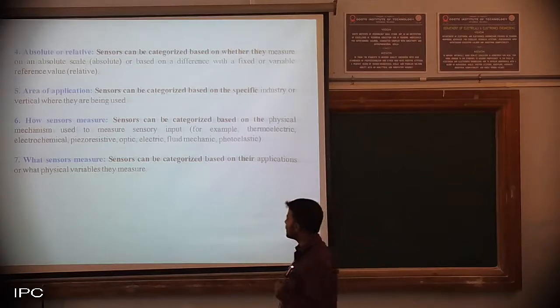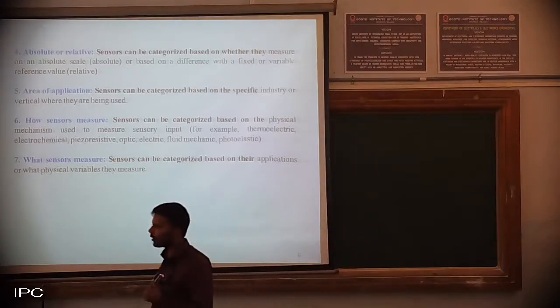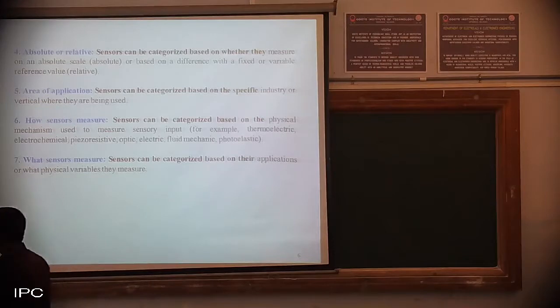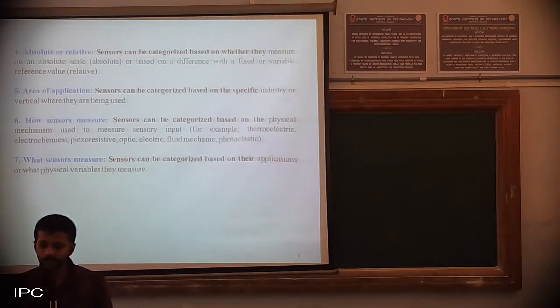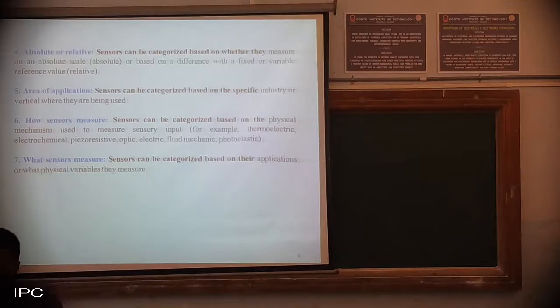And how sensors measure is also one broad classification, meaning the principle by which it is measuring or sensing the parameter. It can be thermoelectric, where thermal energy is converted into electrical energy, and by that value we can conclude the exact temperature.